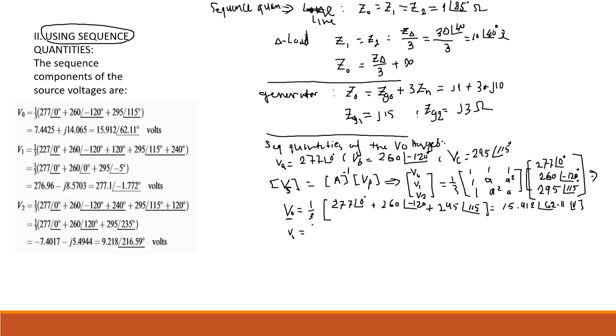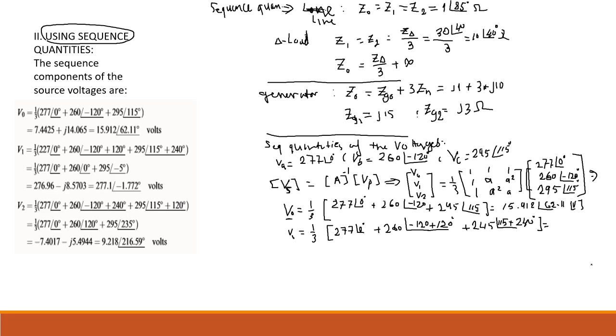While the positive sequence component is equal to 277 plus 260, the phase voltage of phase B multiplied by A, which means this voltage is rotated anticlockwise by 120 degrees, plus the voltage of phase C multiplied by A square, which means the voltage of phase C rotates anticlockwise by an angle of 240 degrees.